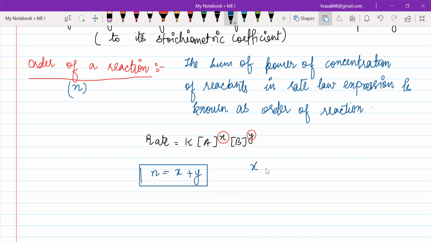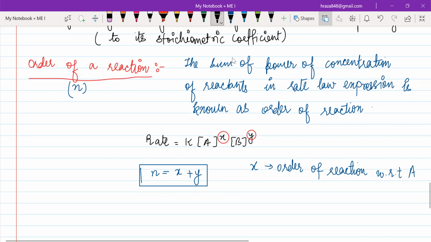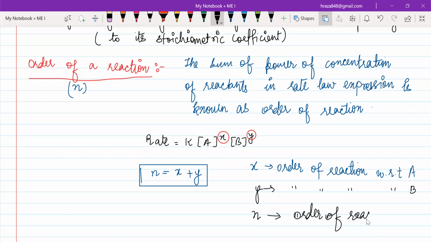Here x is the order of reaction with respect to A, because it is the power of concentration A. y is the order of reaction with respect to B. But n is the order of reaction, or we can say the overall order of reaction.